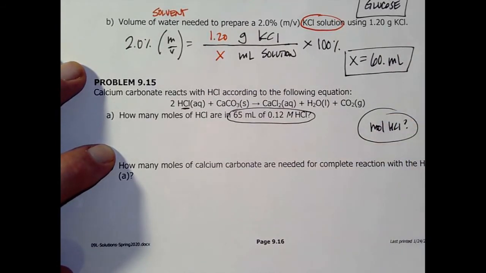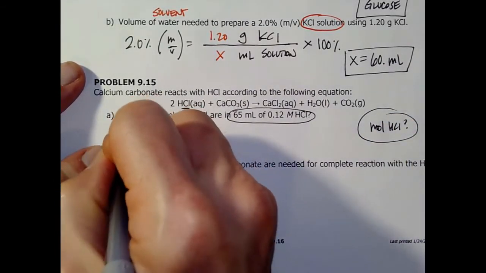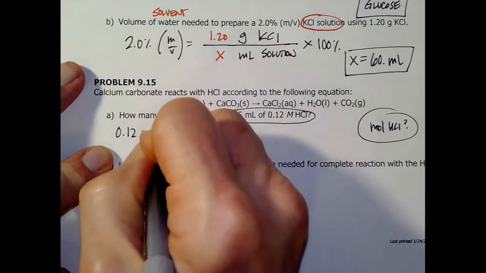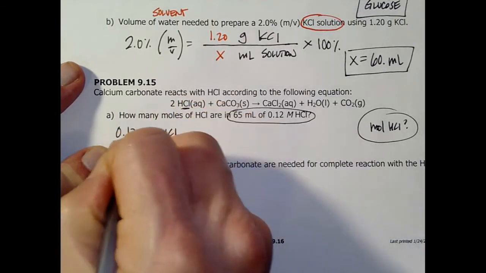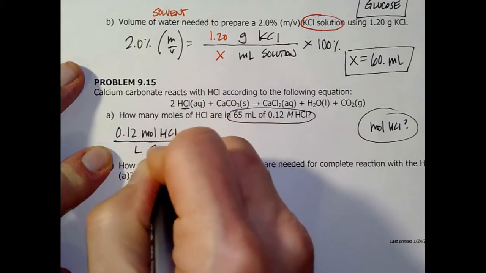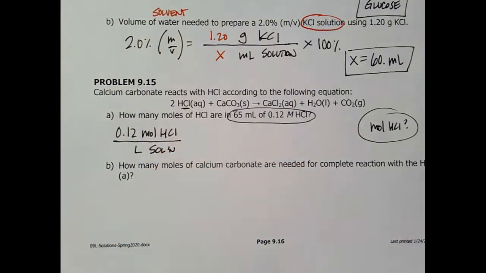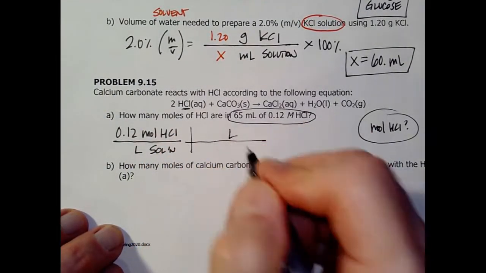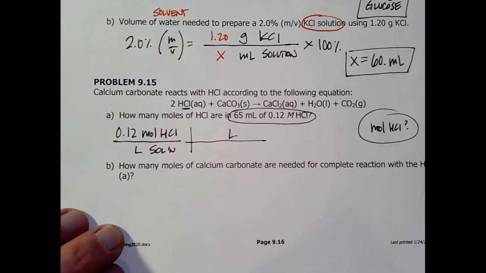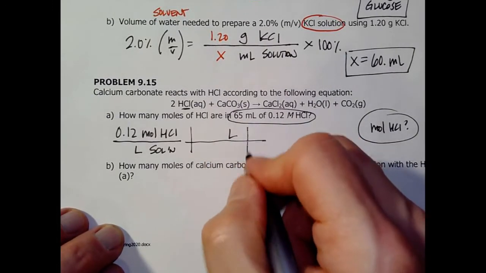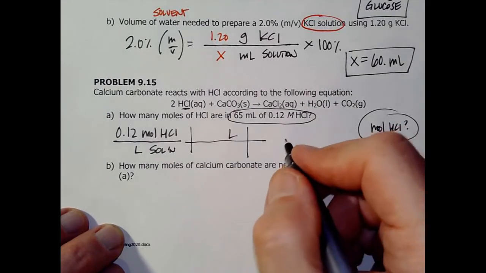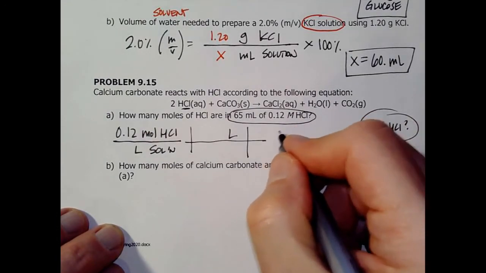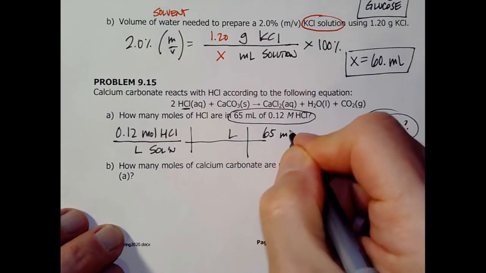Now there's more than one way to get there, but I might start with this. 0.12 moles HCl per liter of solution. I think, okay, well, I need liters of solution. I don't have it. I've got milliliters. And if I said, well, what if I did this? 65 milliliters.